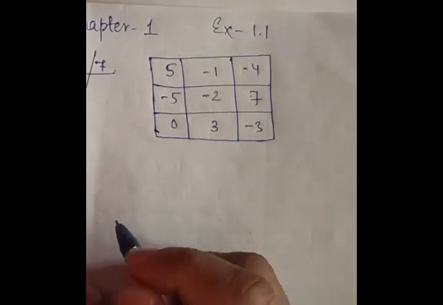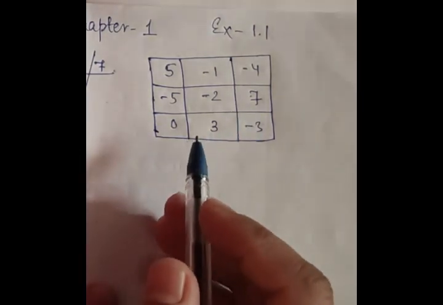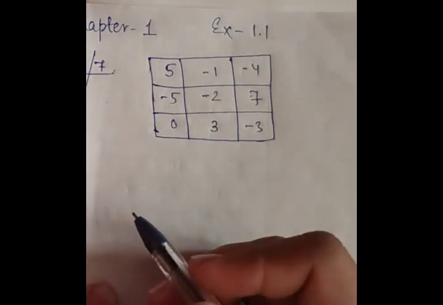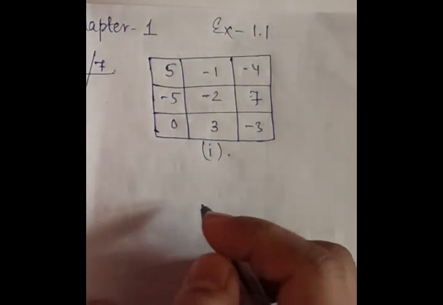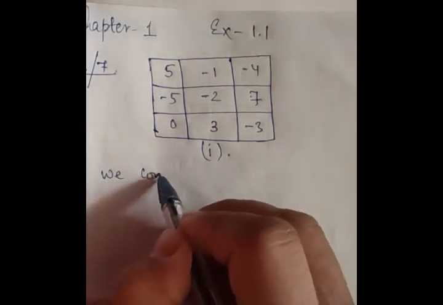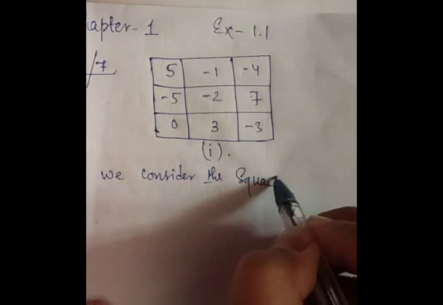So this is your question. Now we have to add every row, every column, every diagonal, and we have to get the same number in square 1. So this is your square 1 magic square box. So we consider square 1 first.